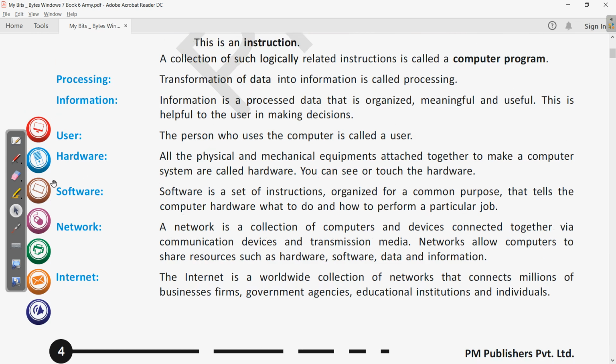In the difference between hardware and software, you can write by making a parting line in between, and on one side you can write hardware and on the other side software. In the hardware, the first point you can write: physical and mechanical equipments attached together to make a computer system are called hardware.